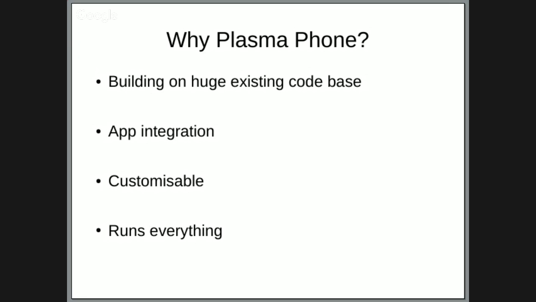And Plasma Mobile, as we made it currently, runs pretty much anything. It runs apps written natively in Qt Quick, the way we want a Plasma mobile app to look. But we can also run our widget-based applications, all our existing apps.